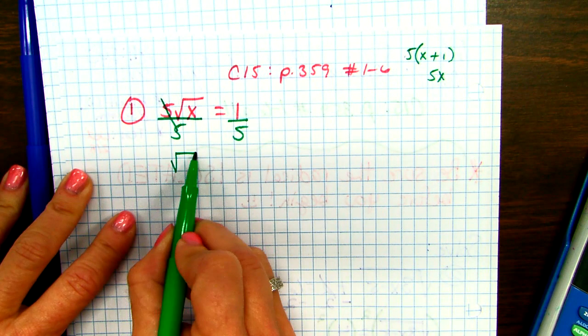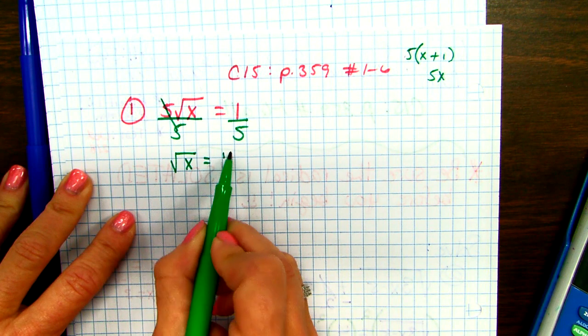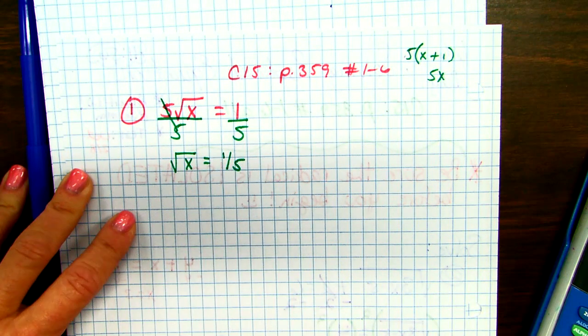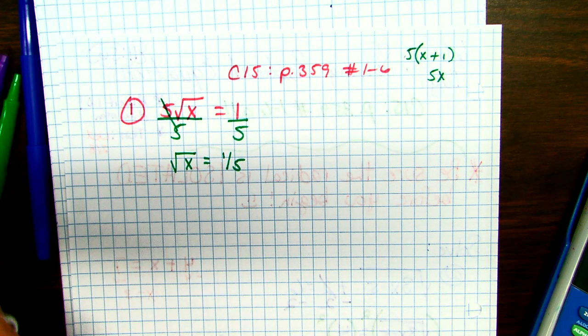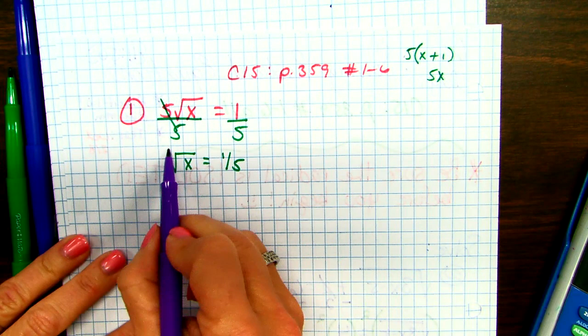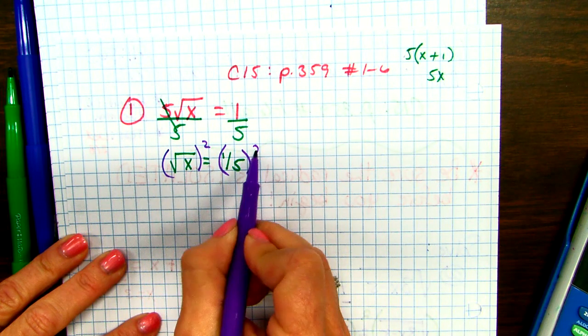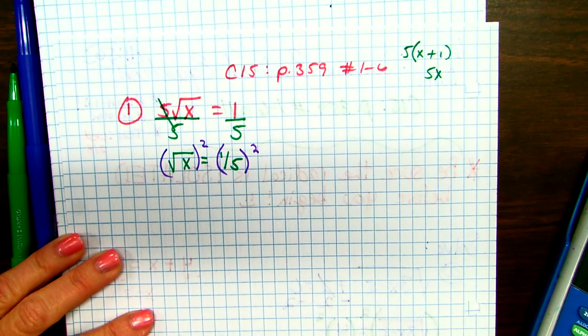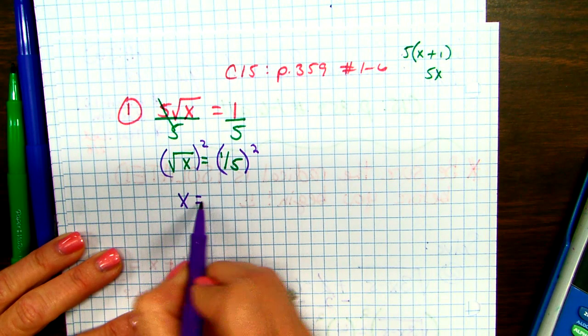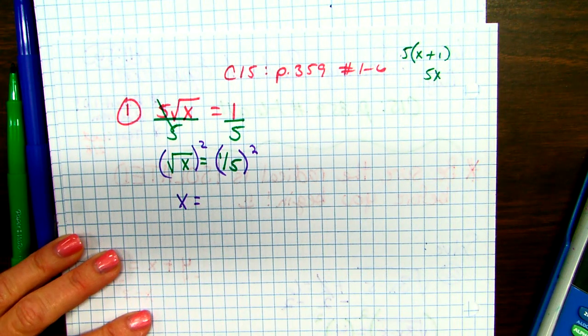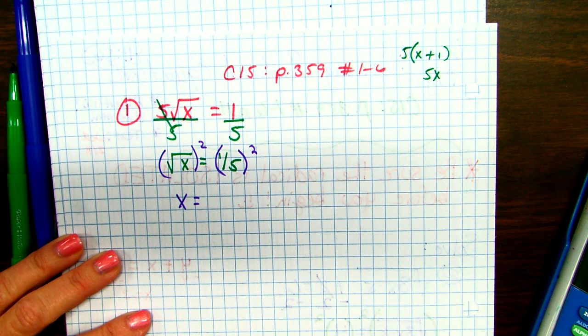So I have the square root of x equals 1/5. Square the left side, square the right side. So I'm left with x here, and now we have to deal with a fraction to a power of 2. It's almost easier to do it by hand than in your calculator.